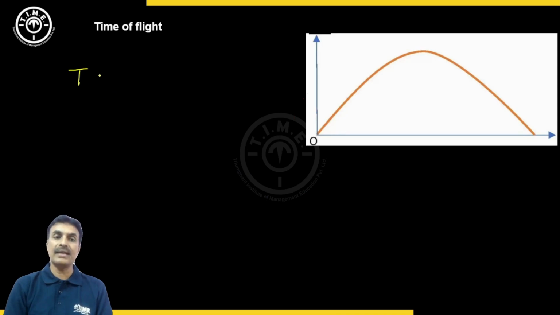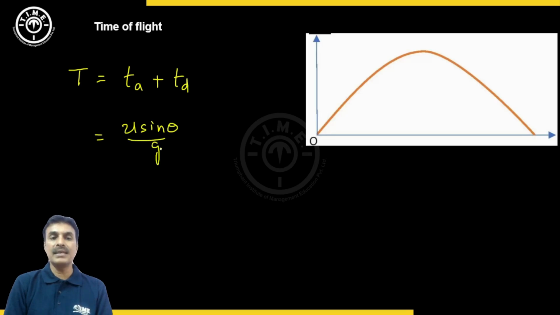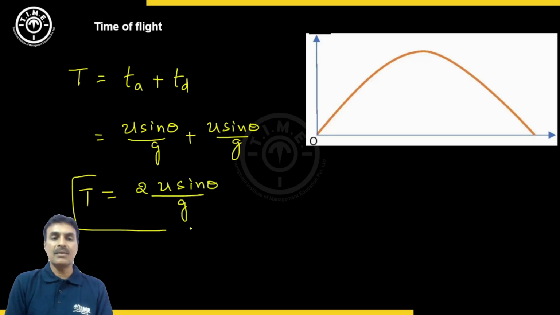The time of flight t is nothing but the sum of time of ascent and time of descent, which is u sin theta by g plus u sin theta by g, which is 2u sin theta over g. This is the time of flight, which depends upon the initial velocity as well as the angle of projection. Understood? Right.